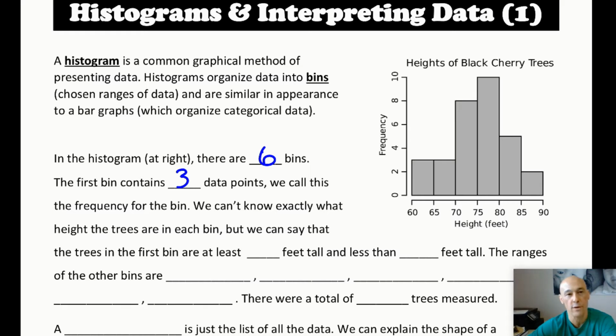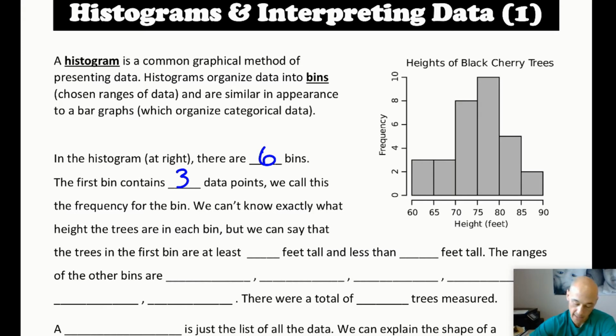We call this the frequency of the bin. It's the number of data points in the bin. So in that first bin, there are 3 data points. In that bin, 60 to 65, we can't know exactly the height of each of the trees, but we can say something about the heights of those trees in that bin.